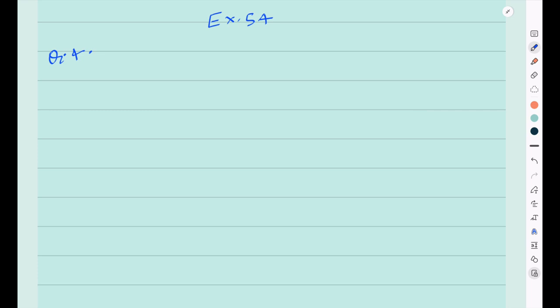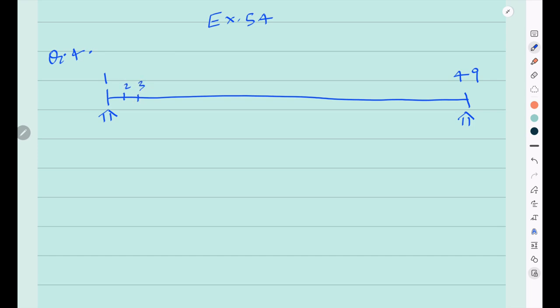It's very important to make a good and clear-cut diagram, otherwise you will miss the point. So actually there are many houses which are numbered consecutively from 1 to 49. It means after 1 there will be house number 2 and then 3 and so on.